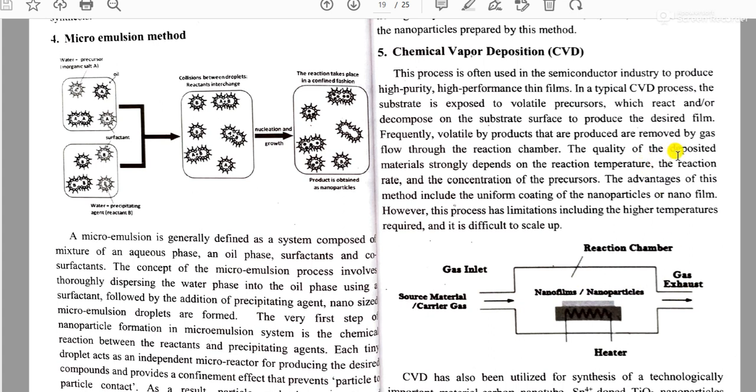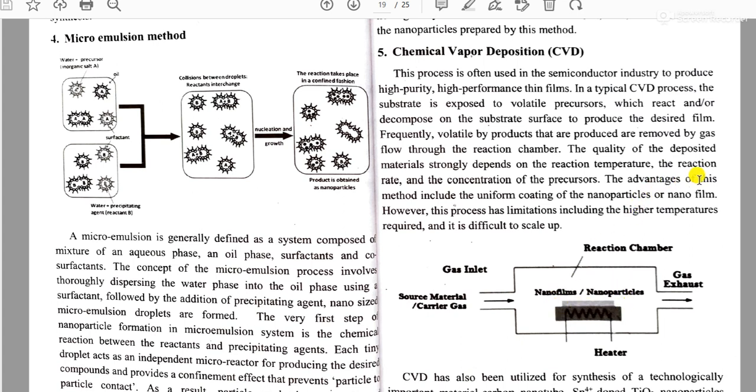The quality of the deposited material strongly depends on the reaction temperature, the reaction rate and the concentration of the precursors. So all these are the parameters which we adjust for synthesizing high quality, high purity two-dimensional nanomaterials.